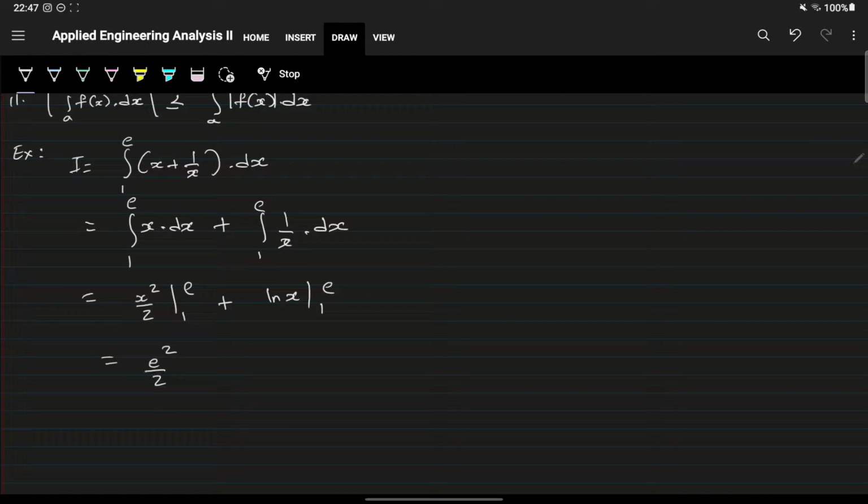So we get e square by 2 minus 1 by 2 plus log e minus log 1.